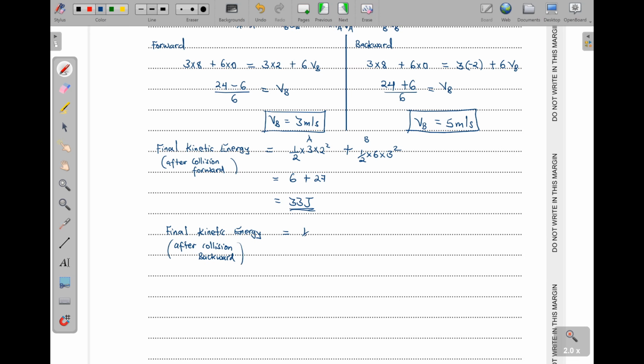So this one is going to be a half, then the mass of A is 3, and then the speed is 2, plus a half times, this is now for B, 6, times 5 squared. And since this is final now, I can even put it as a minus, like that. Then this one can give us 6 here, and then 25 times 3, that is 75. So when we add, this one will give us 81.